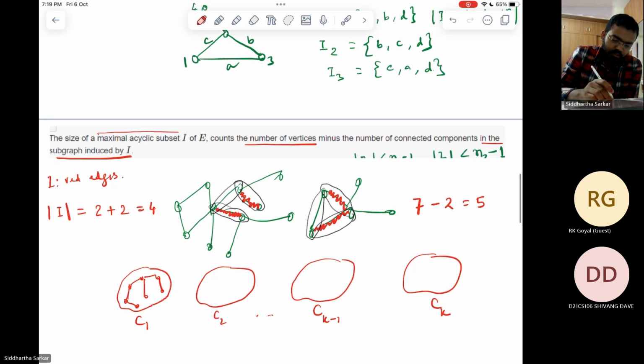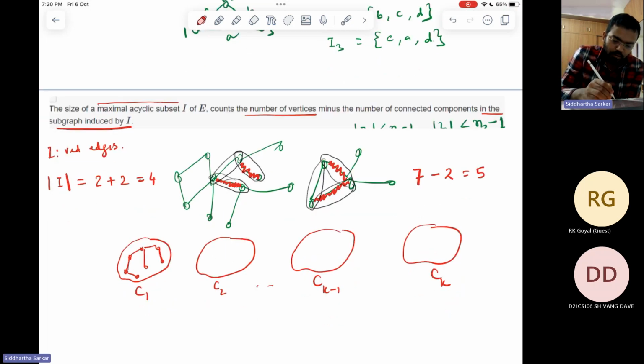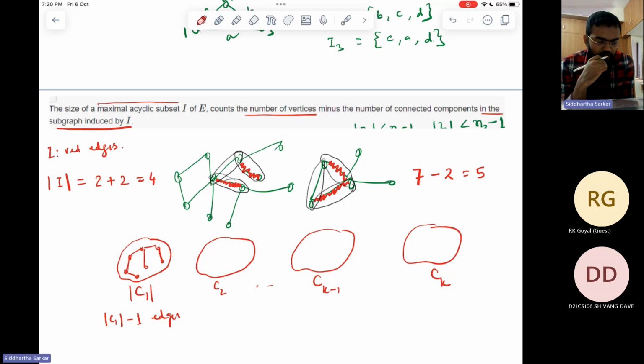So if in this component there are |C1| vertices, then there are |C1| minus 1 edges, because I is a maximal acyclic subset.